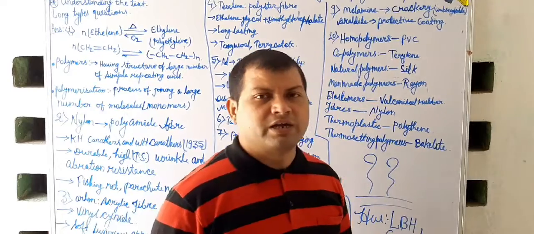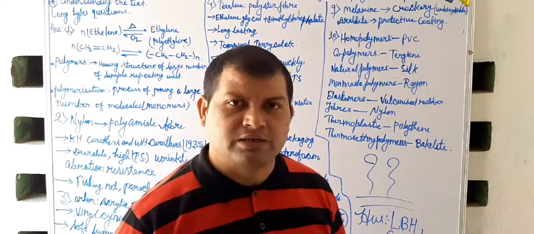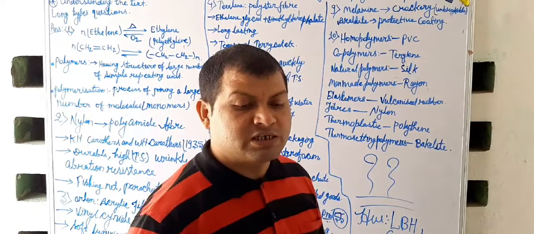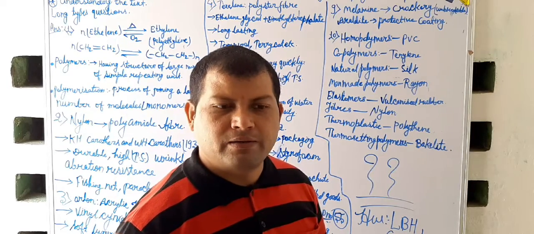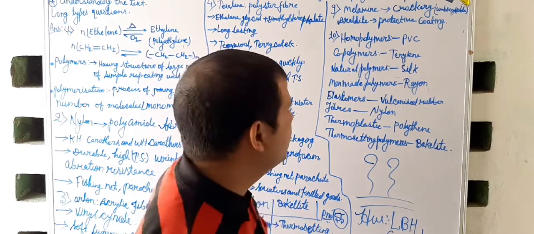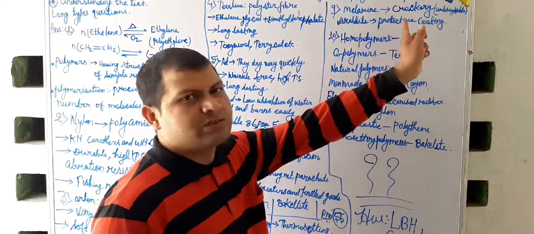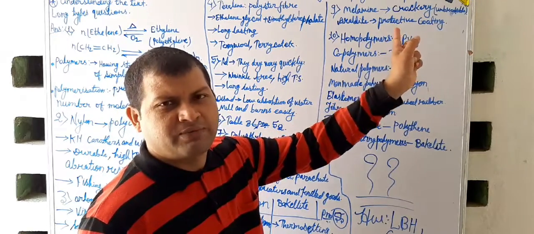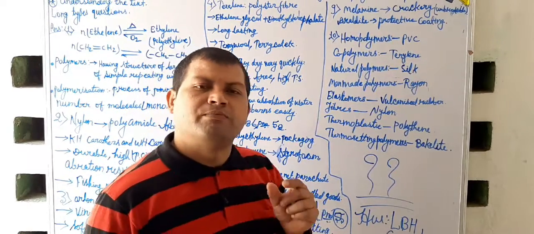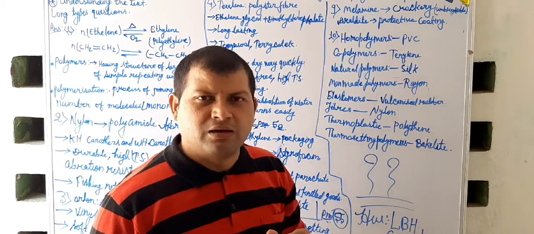Now look at question number 9. Here it is asked to discuss the uses of melamine and araldite. Melamine is a thermosetting plastic. It is used in making unbreakable crockery.